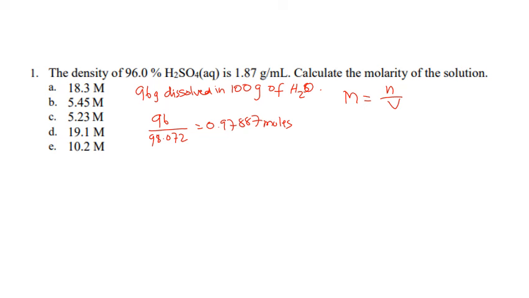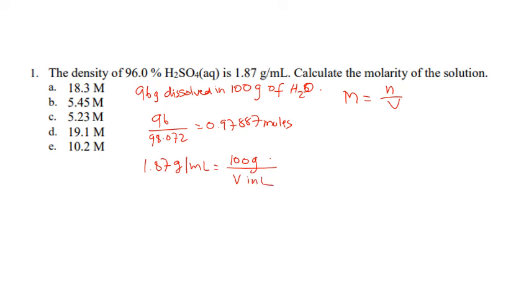To find the volume, we know the density is given, 1.87 grams per milliliter. That means it is in 100 grams of water, right? So density equals mass divided by volume. That is what we are going to find.